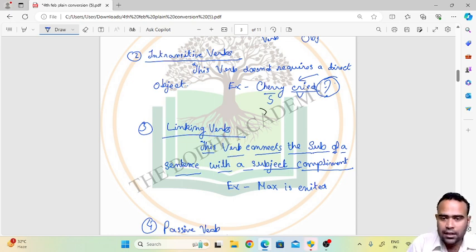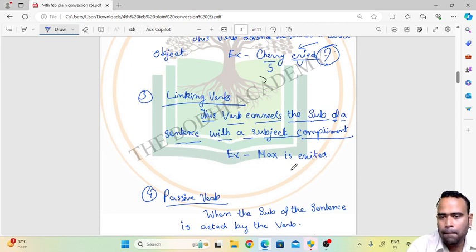If you look at the definition very closely, you will be able to understand. When I give you the example, it will go directly to your memory, right? So this verb connects the subject of a sentence with a subject complement. Check the example.